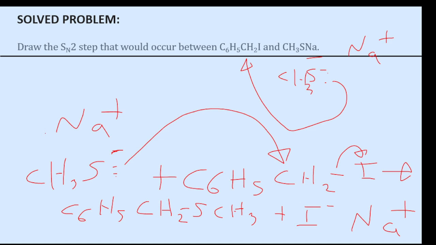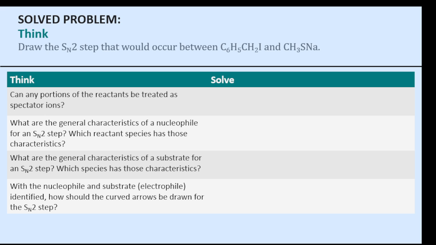And so those are spectators, and they can just get ignored. Or another way of saying it, it's on both sides of the equation. When you have something on both sides of an equation, you can subtract it off and it disappears, right? It's like having plus x on both sides. Not meaningful, is it? Or a +1 on both sides. Well, goodbye 1. Okay.